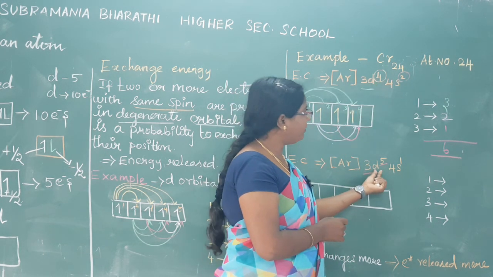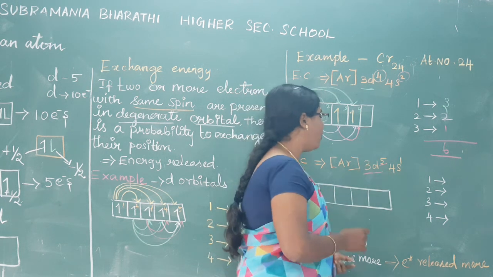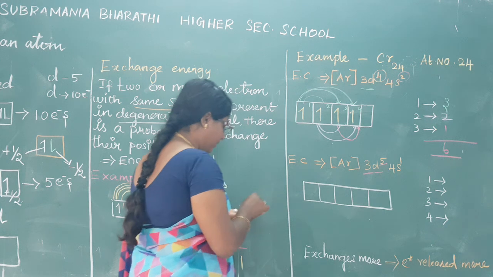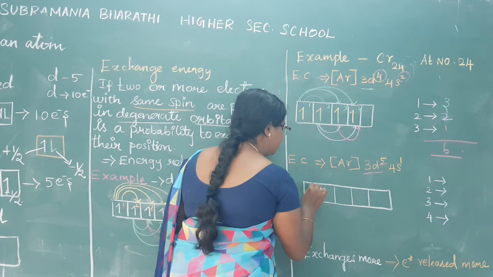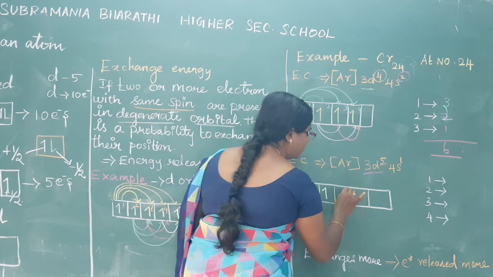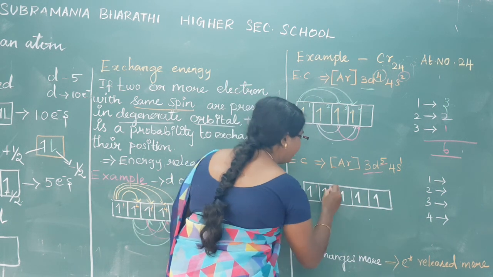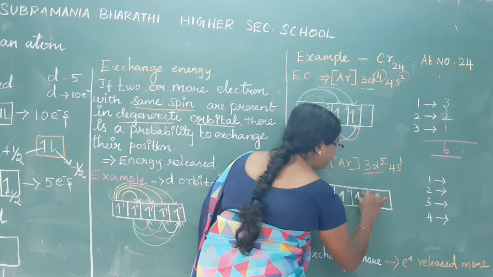So, we are getting 3D5 and 4s1. This is the electronic configuration here. So, let me write the electrons here. Electron 1, 2, 3, 4, 5. So, I write the numbers here 1, 2, 3, 4, 5.